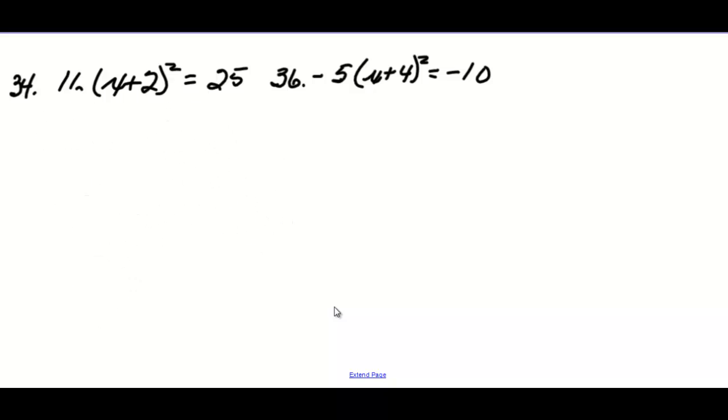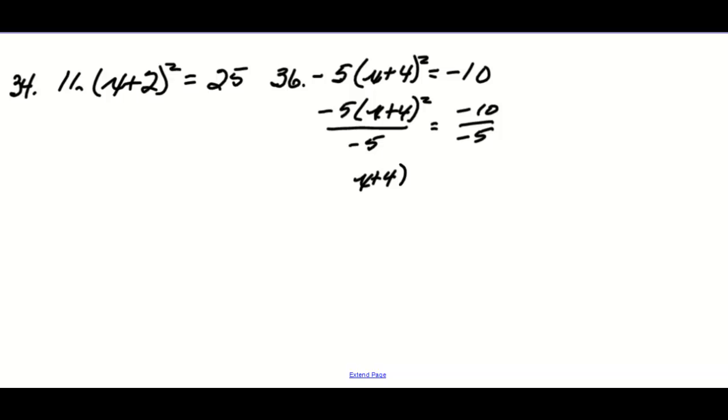And using the same approach we used with number 34, we're going to take this negative 5 times the quantity x plus 4 squared, and divide that by a negative 5. Therefore, we'll take a negative 10 and divide that by a negative 5. What we end up with now is x plus 4 quantity squared equals 2.